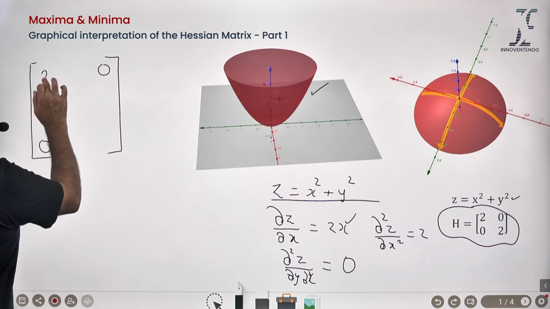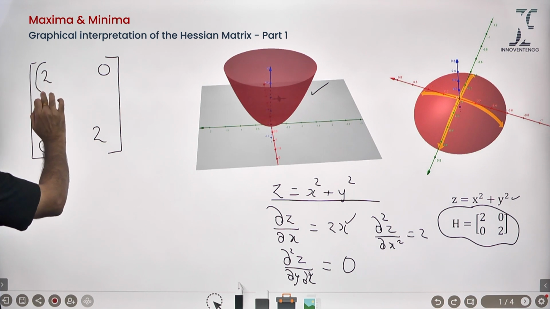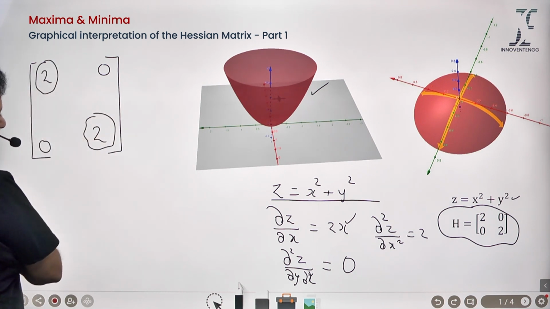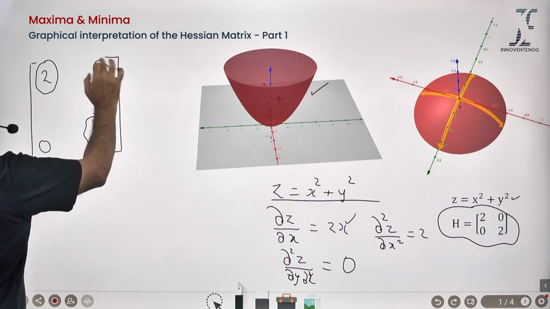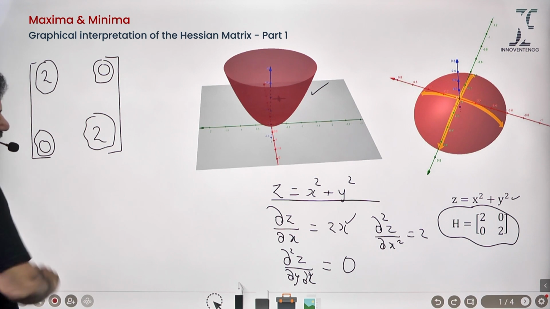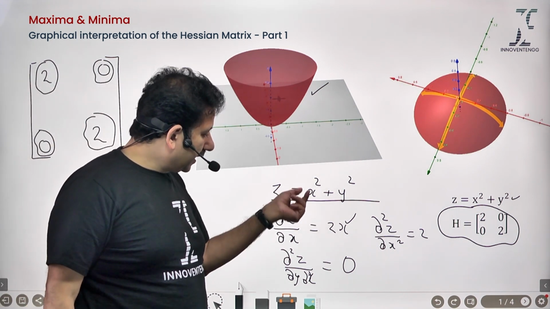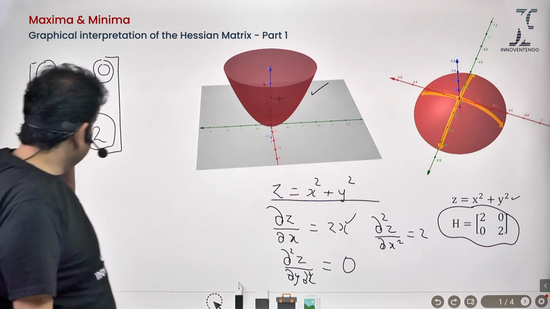So that means this is my Hessian matrix. This is constructed by taking the second derivative of z with respect to x, the second derivative of z with respect to y, and then here you have the mixed derivative. Since there is no term which has both x and y, the terms are either x or y, therefore you cannot have a mixed derivative.